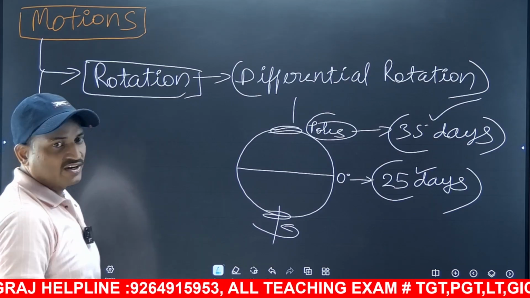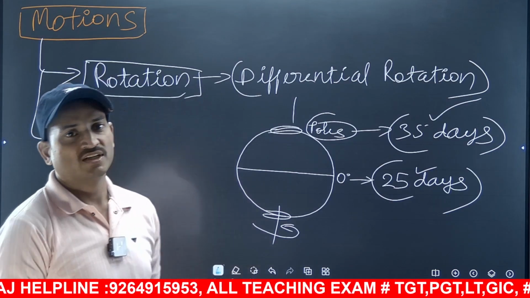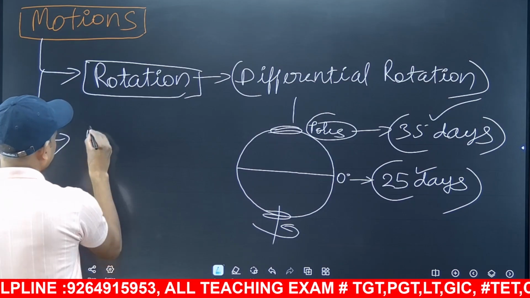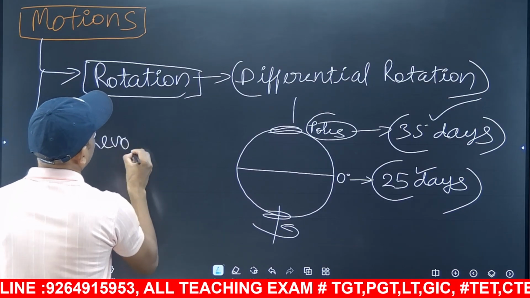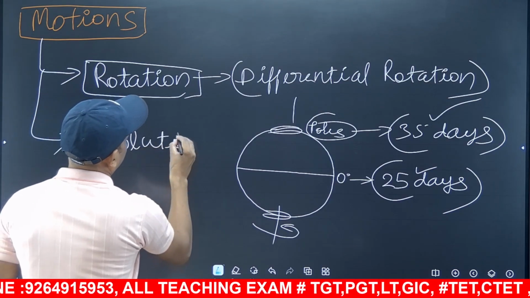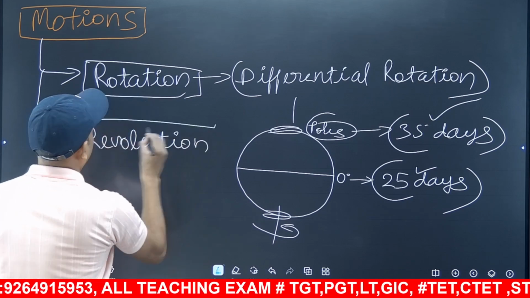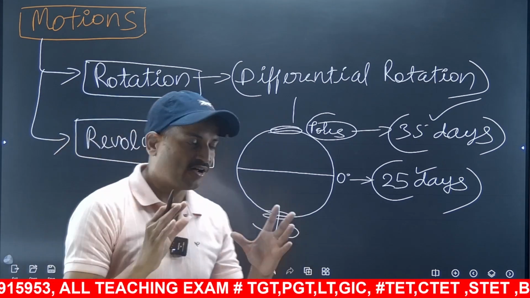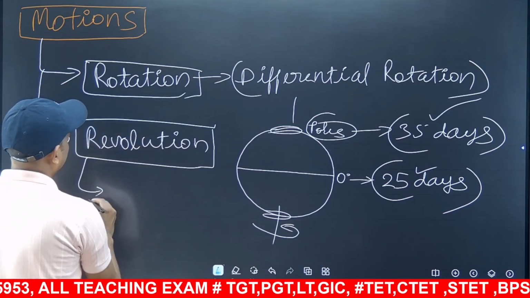The second important motion of the sun is revolution. As our earth revolves around the sun, the sun also revolves around the center of the galaxy.